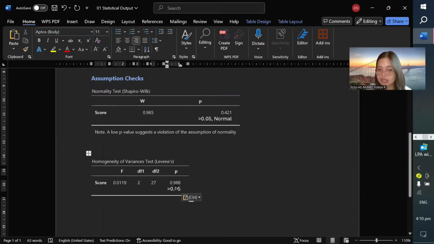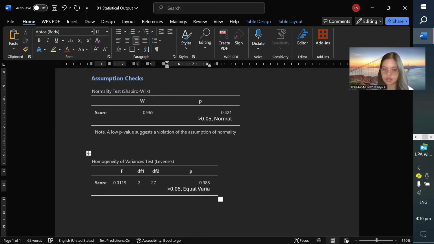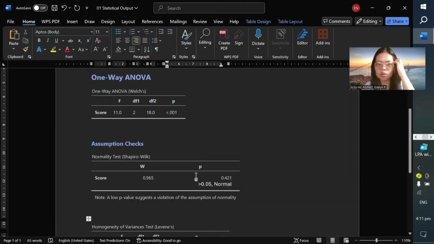Our p-value is greater than the threshold of 0.05. Therefore, this is equal variances. So since it met the assumptions of our parametric test, the normality and the homogeneity of variance, we can therefore use the ANOVA. Now we can use the ANOVA.